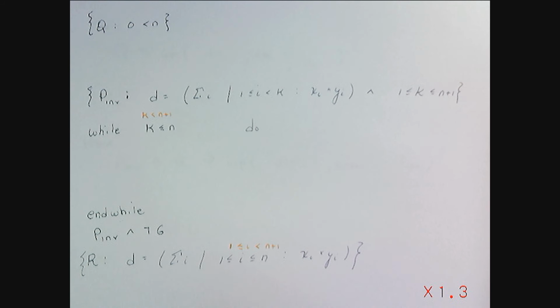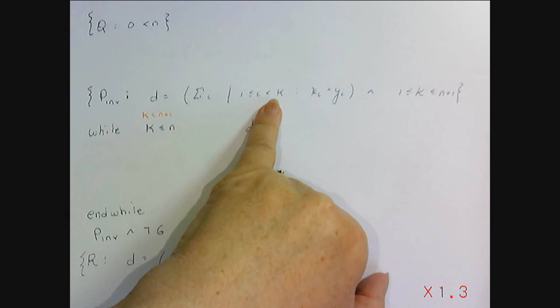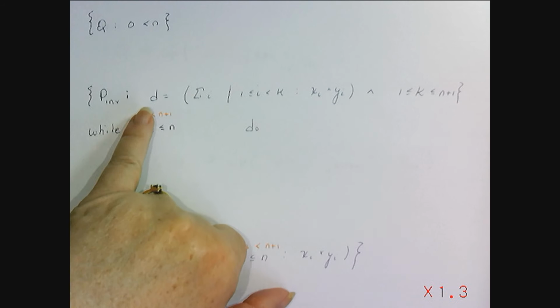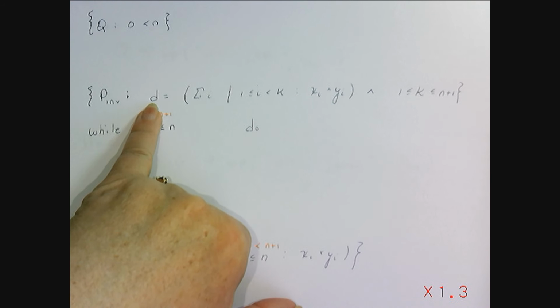The next step I like to perform is the initializations. But the first thing I need to ask is, what kind of commands do I have here? What kind of updates am I going to be doing? Well, what are the variables involved? One of them is k, and the other is the dot product.